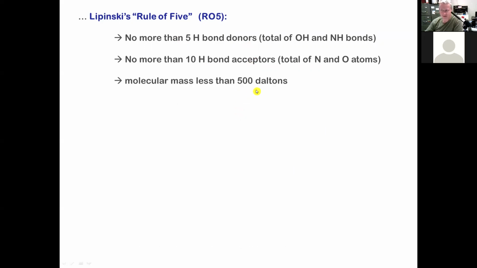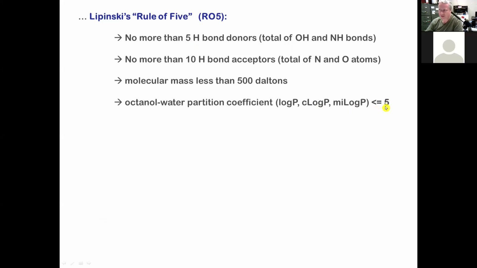Molecular mass, less than 500. Okay, so we can see this rule of 5. It's like things that are kind of related to 5. So molecular mass has to be less than 500 for Lipinski to be obeyed. The octanol water partition coefficient, that could be log P or C log P or MI log P if we're using the Molinspiration website, should be less than or equal to 5.